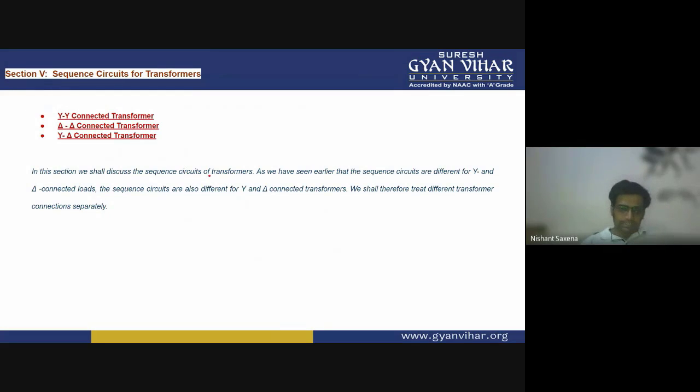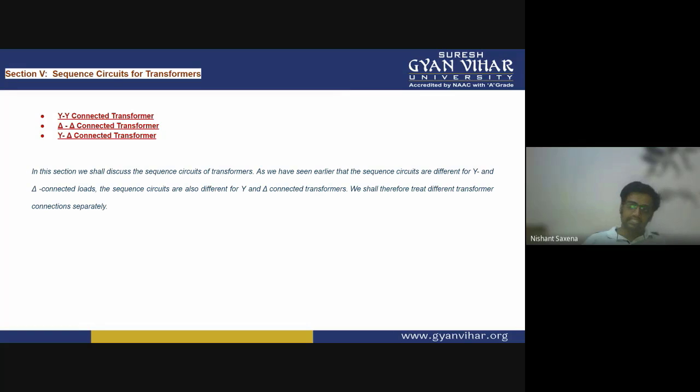Now let's move further towards the sequence circuits for the transformer. Mostly we consider the sequence circuits for transformers in three configurations: star star, delta delta and star delta. Obviously there is one more configuration, star delta star, but that is almost the same as star delta; we just need to switch in reverse.